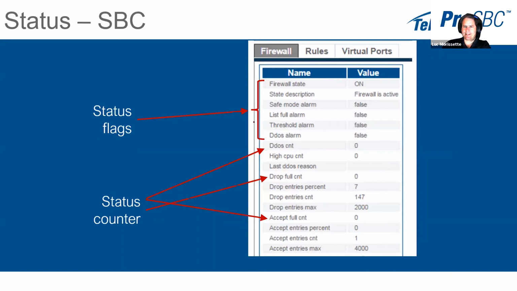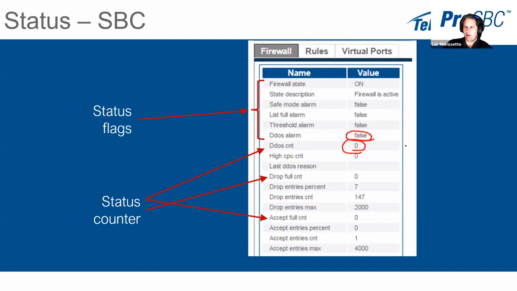You also get the status of the SBC's firewall. You can see here the DDoS alarm. So when it falls into DDoS, this will kick in here. You will also see how many times DDoS was kicked in, so you can see if you are continuously under attack.